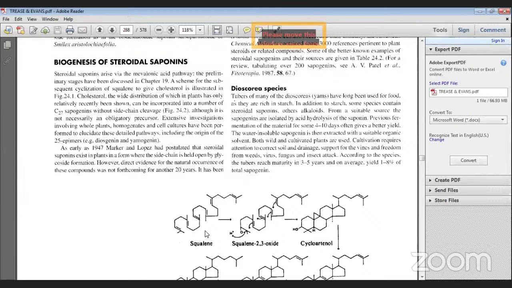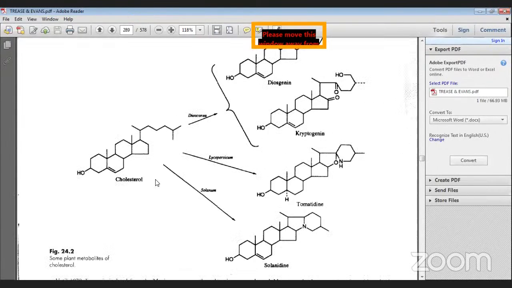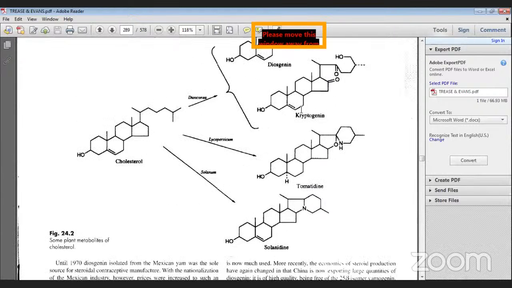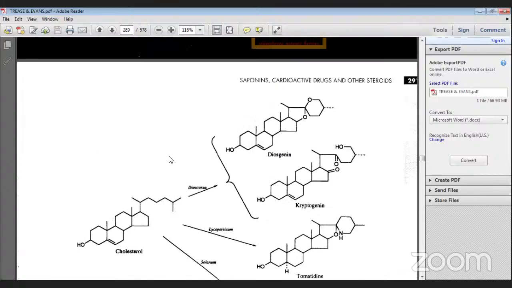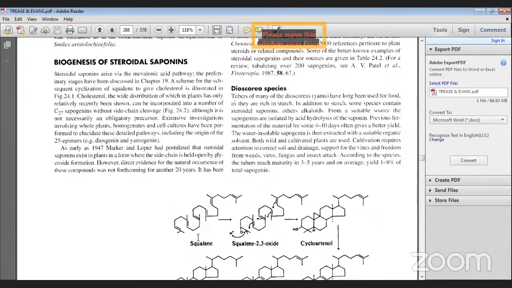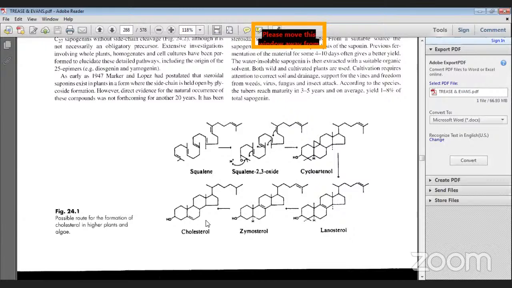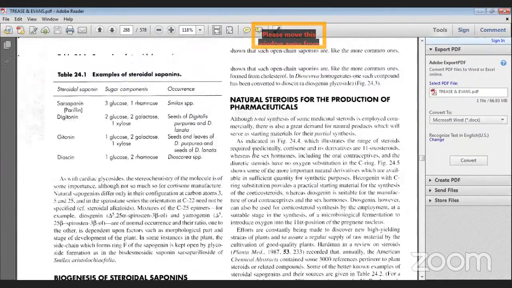From the mevalonic acid or acetic pathway, we get the squalene molecule, and from the squalene we get the cholesterol molecule, and from the cholesterol molecule we can easily get the diosgenin, or the sapogenin part of the Dioscorea. This is the biogenesis of the steroidal glycoside.